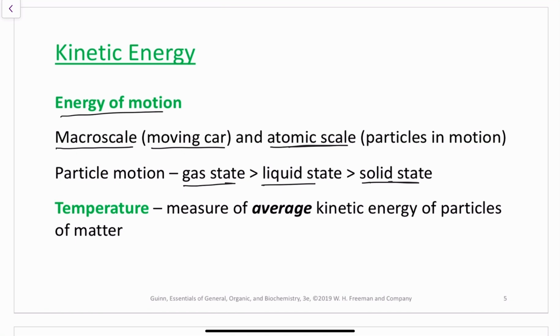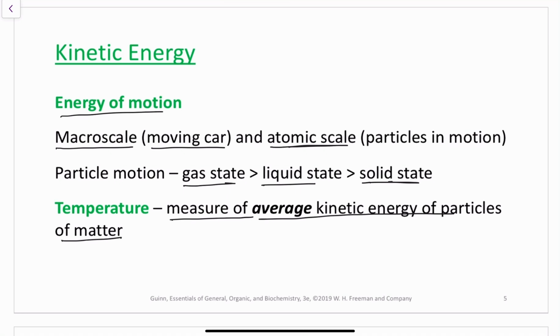So now let's talk about temperature. How do you define temperature? Temperature is just a measurement of the average kinetic energy of the particles of matter. So if any matter has high kinetic energy of the particles, that means that matter has higher temperature compared to matter that has lower kinetic energy.